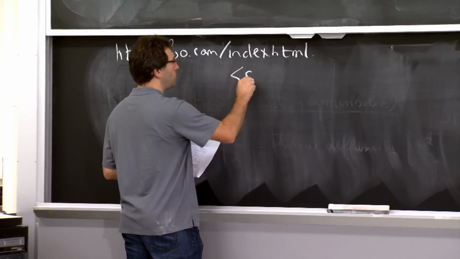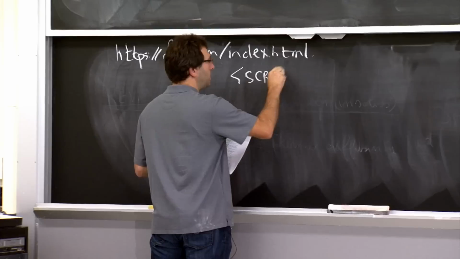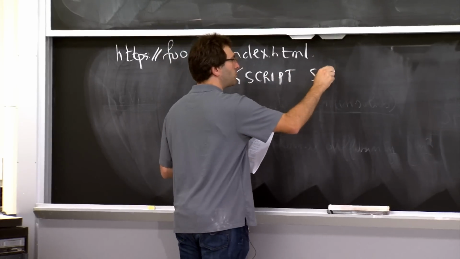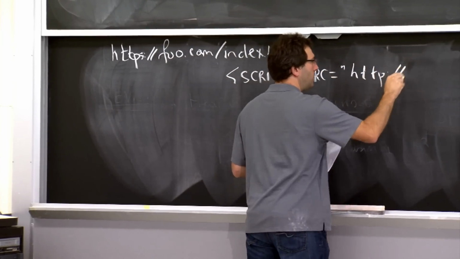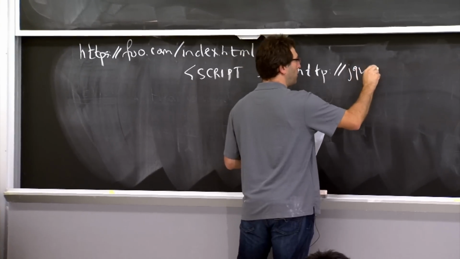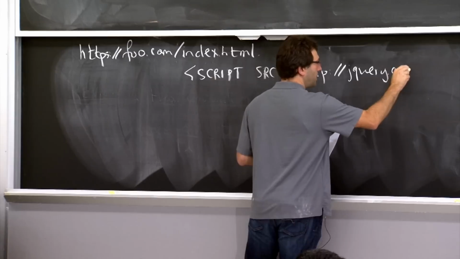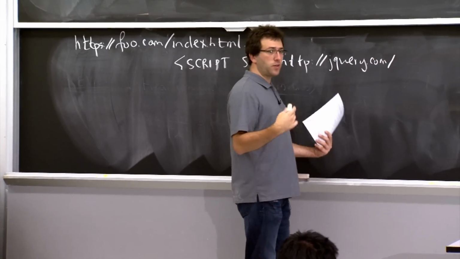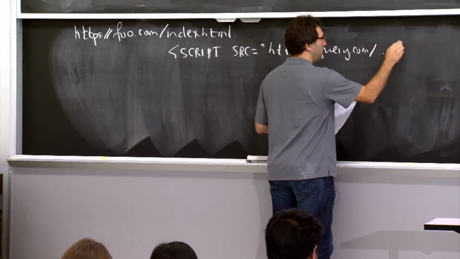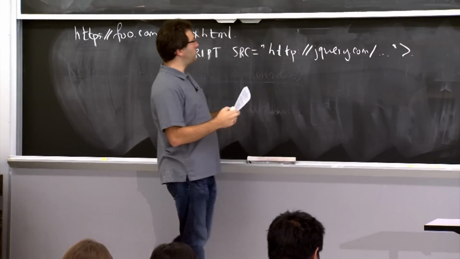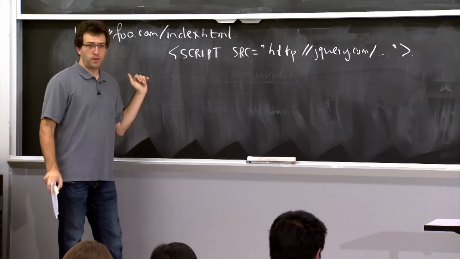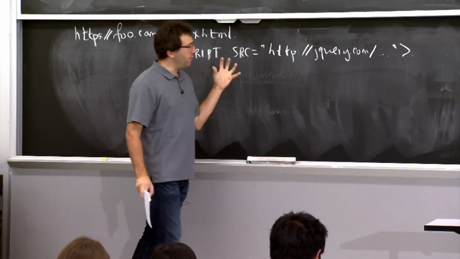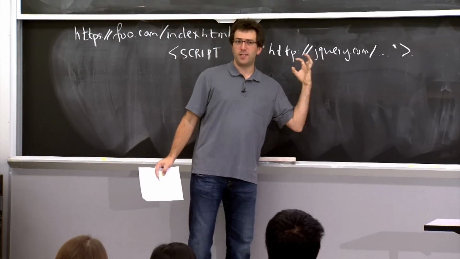So the easiest thing to think about is probably script tags, where you can say, script source equals http://jquery.com. So this is a popular JavaScript library that makes it easier to interact with lots of stuff in your browser. But many web developers just reference a URL on another site like this. So this should be fairly straightforward, but what's the problem with this kind of a setup?